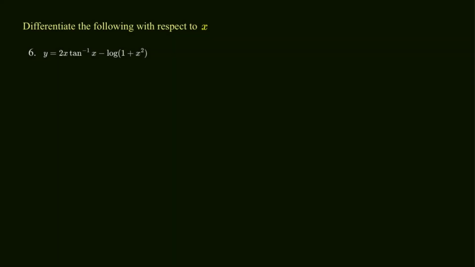The last question of this video, differentiating both sides with respect to x, then we will have dy over dx equal to, we can distribute the differentiation, then we will have d/dx of 2x tan inverse of x minus d/dx of log of 1 plus x square.